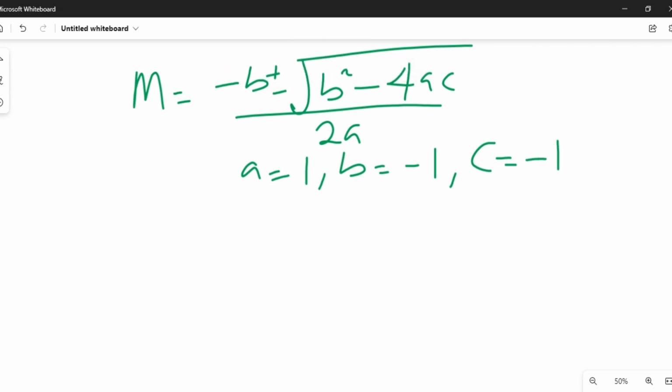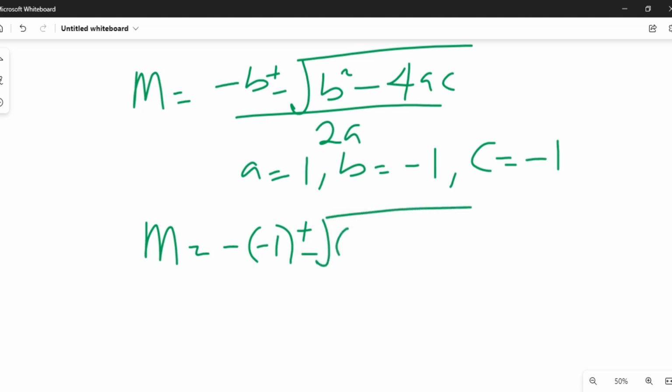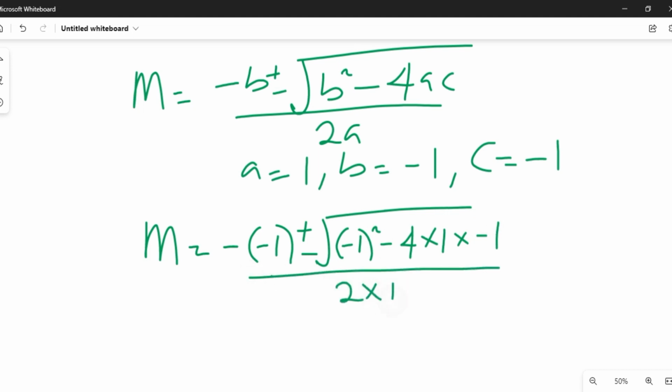If we substitute that, we have m equal to minus (minus 1), that's the value of b, plus or minus square root of b^2, which is (minus 1)^2, minus 4 times 1 times minus 1, and this will be over 2 times 1.